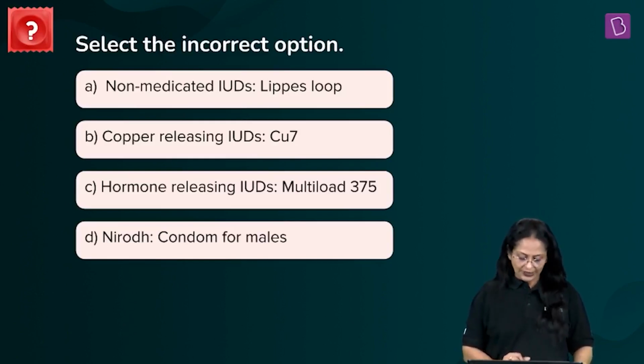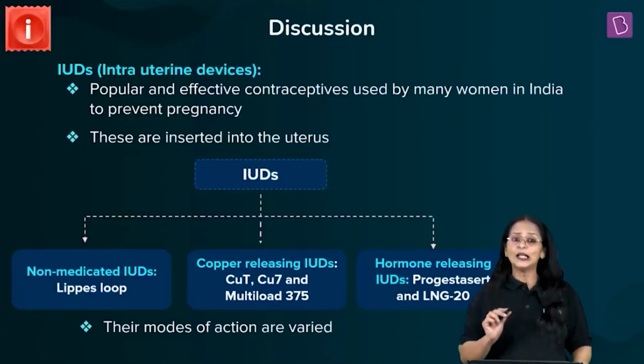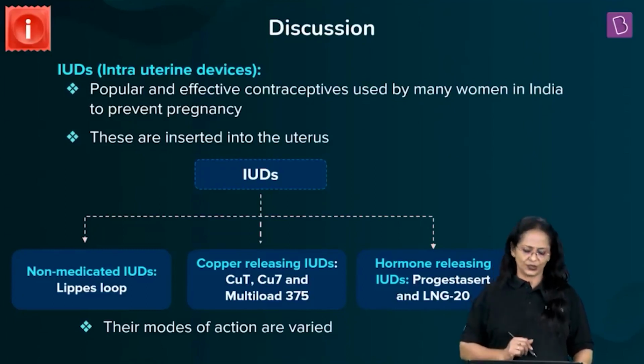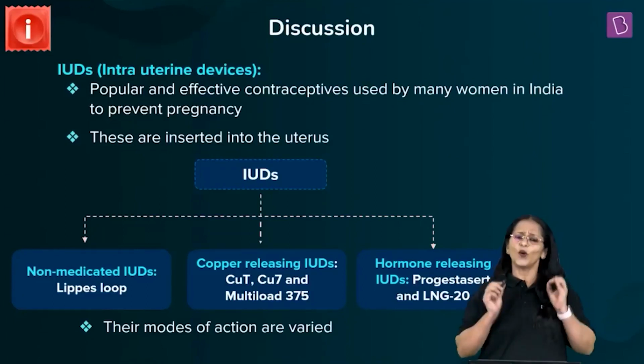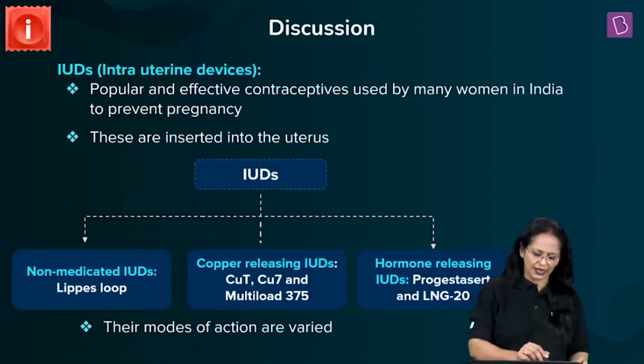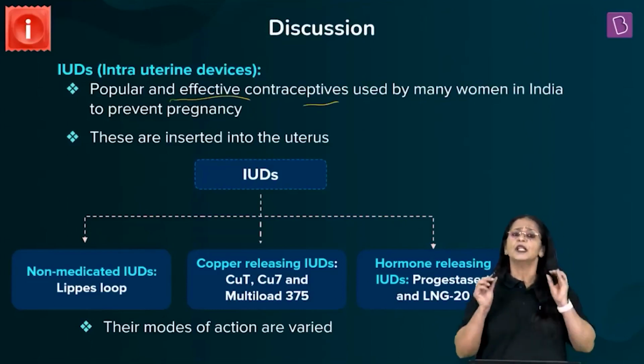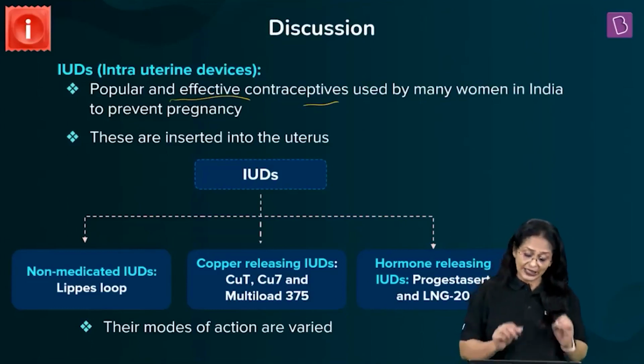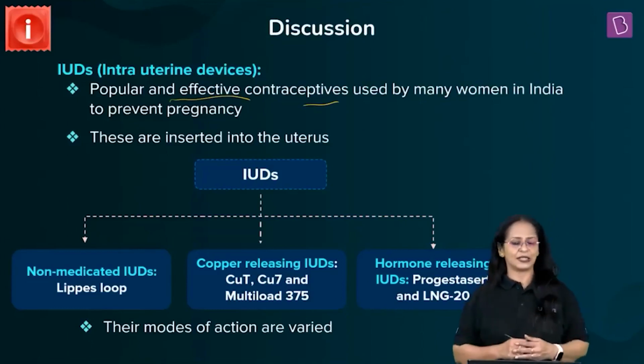Well, IUDs stands for intrauterine devices. Intra means inside, uterine referring to the uterus. Now, these are one of the most popular and effective contraceptives used by women in India to prevent pregnancy.